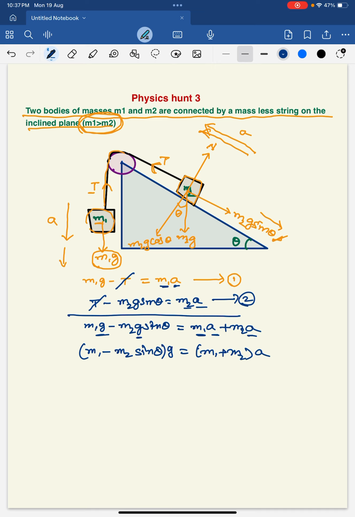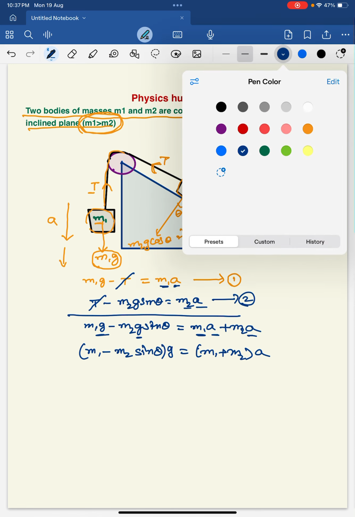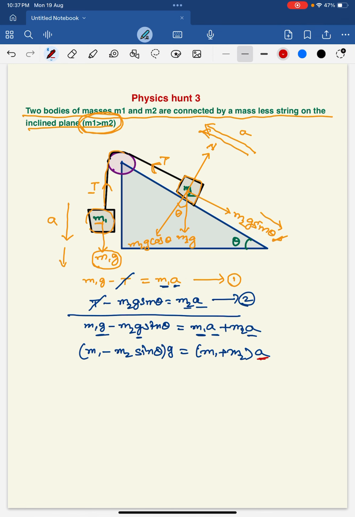So from this equation we can easily calculate the acceleration of the system, right? So bring this to the left side: a is equal to (m1 minus m2 sin theta) into g divided by (m1 plus m2).